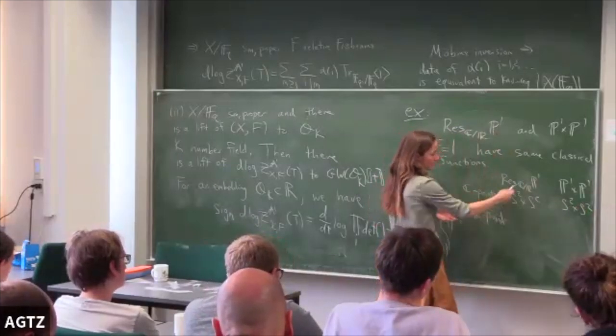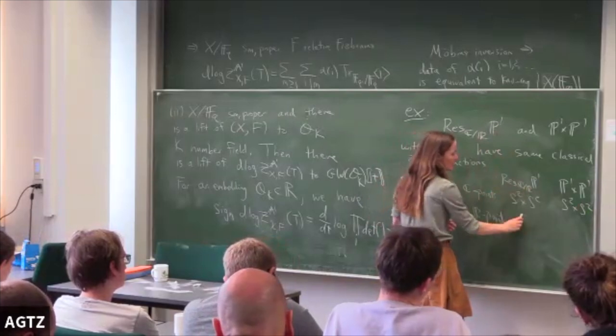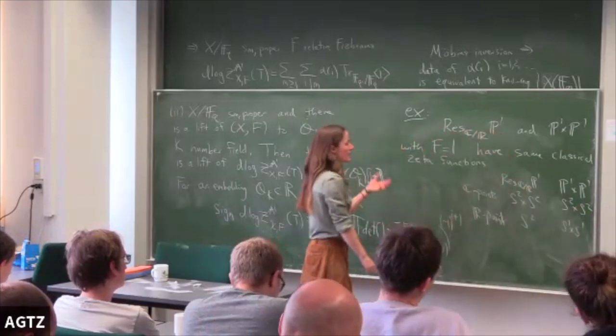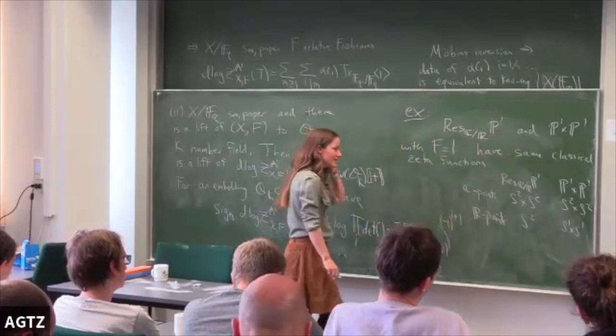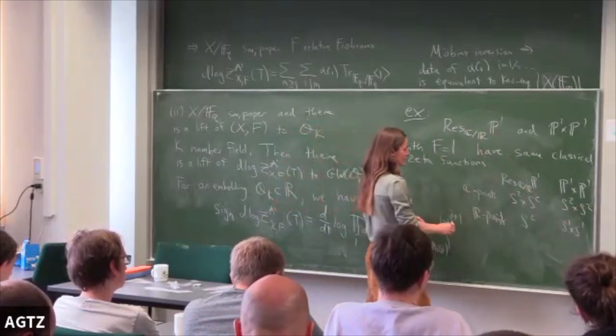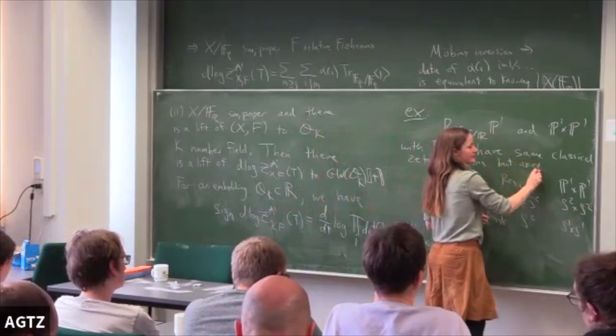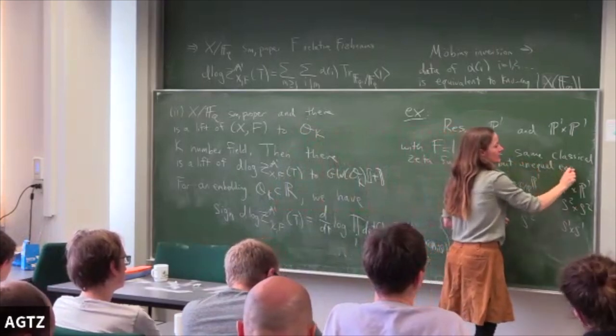Here we get the shape of the C points of P1, that's an S2, and here we get an S1 cross S1. So they have the same classical zeta functions, but unequal enriched zeta functions.